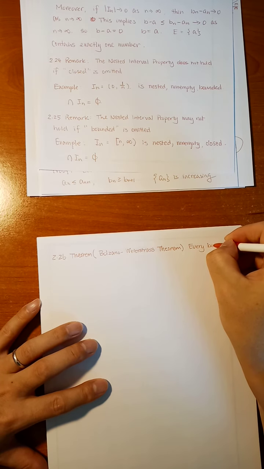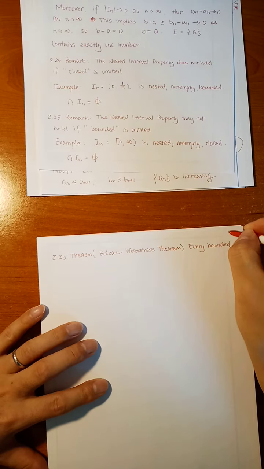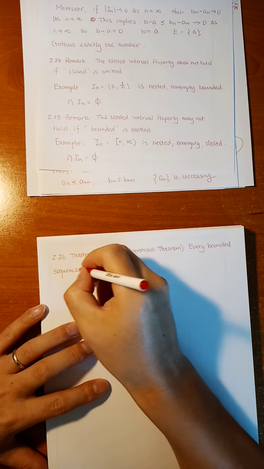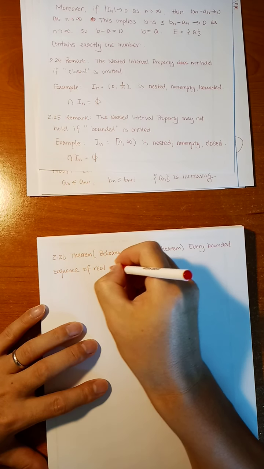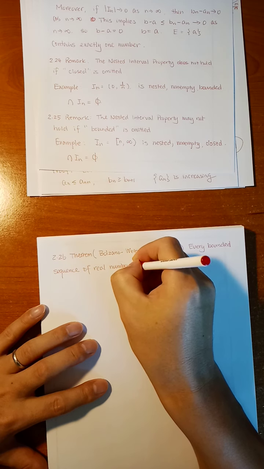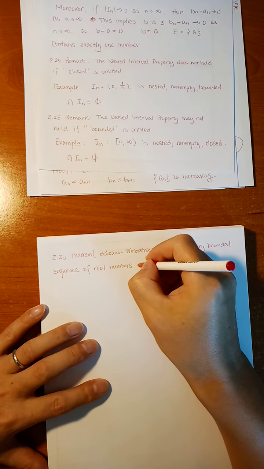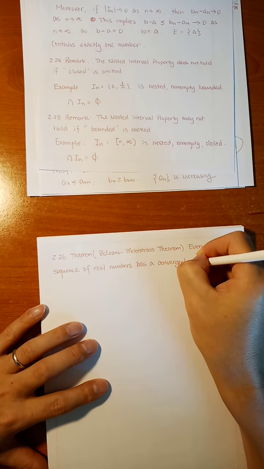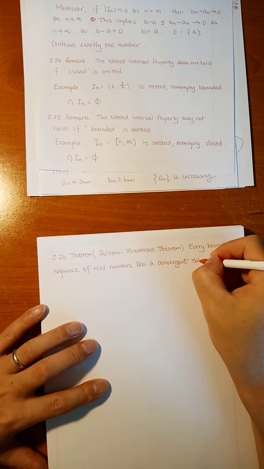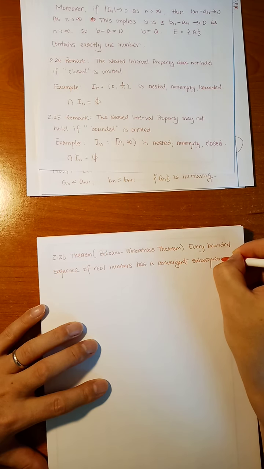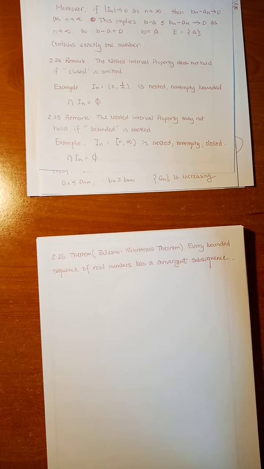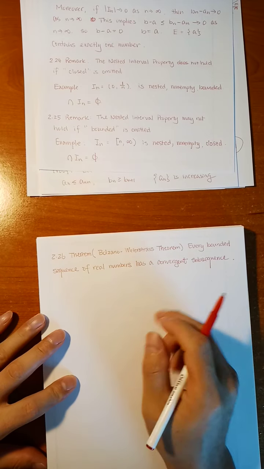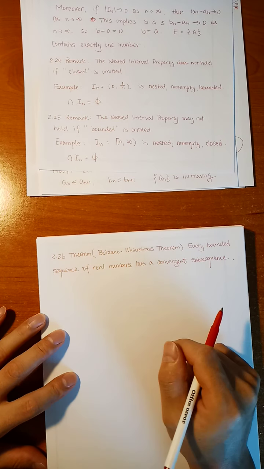Every bounded sequence of real numbers has a convergent subsequence. Has a convergent subsequence. Once it has one, it will have infinitely many, because any subsequence of a convergent subsequence is convergent.